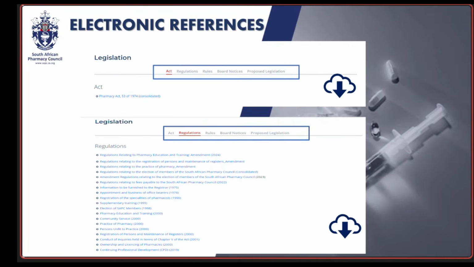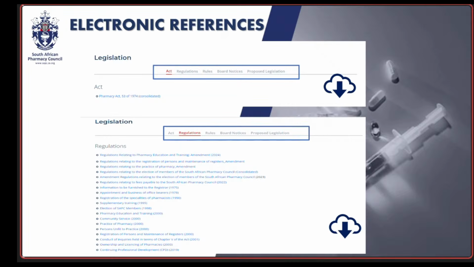If you look, there is the Pharmacy Act, and as I said, remember that there is new information and new amendments to the Act after 1974. Look at the consolidated one, make sure that you use the latest updated version. The same with all the other legislations.